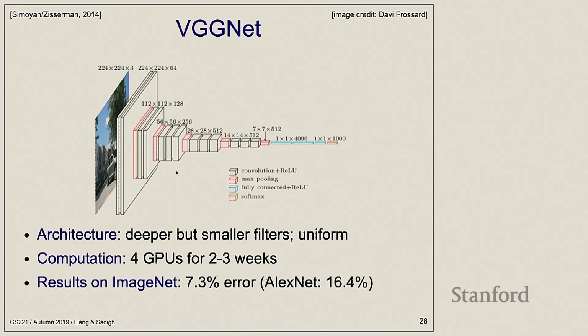Just by looking at this picture, you could probably re-implement their network. Something else to note about it is it started this trend of tall and skinny networks. So you'll notice that there's a lot of layers, but each layer is very thin.